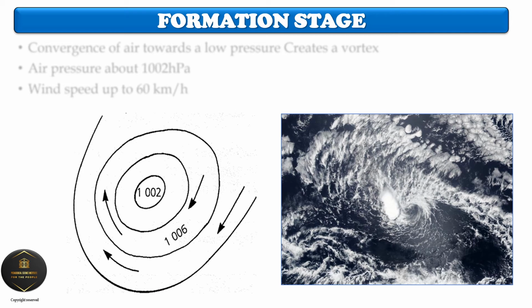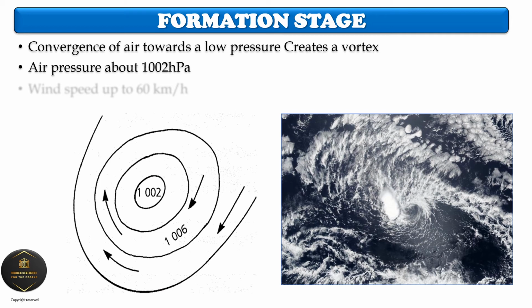So in the formation stage, what will happen is convergence of air towards a low pressure creates what? A vortex, right? So we have air starting to converge around the low pressure, and this creates distinct vortexes. And of course, as I said, the pressure is above 1000 hectopascals, so it is at about 1002 hectopascals.